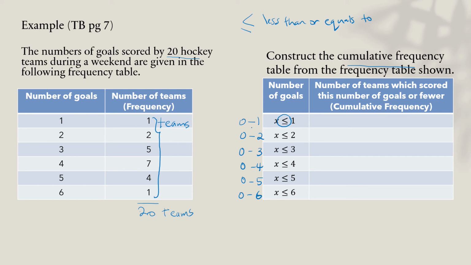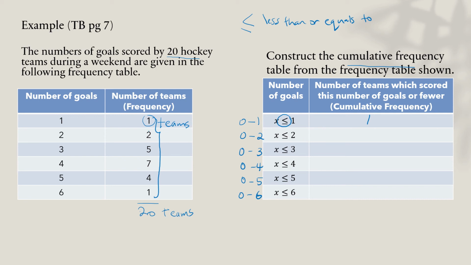So if you think about it, there are no teams that scored 0 goals, but only 1 team scored 1 goal. Since we want teams that scored between 0 to 1 goals, the cumulative frequency for this class will be 1, based on the data given. Next one, we want teams that scored between 0 to 2 goals.